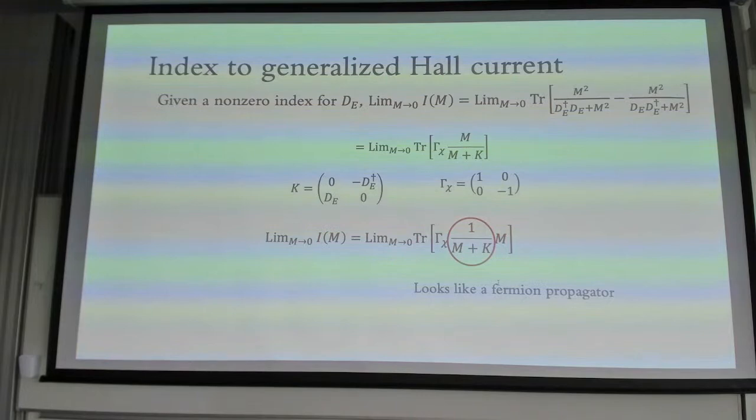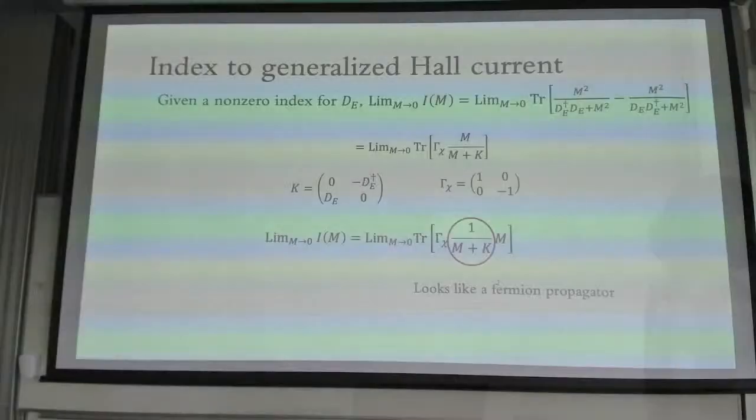One interesting thing to notice is that the K and the gamma chi that I have defined anti-commute. Okay, so I can think of this K as some kind of a higher dimensional fermion operator, which has some chiral symmetry if you don't have a mass.